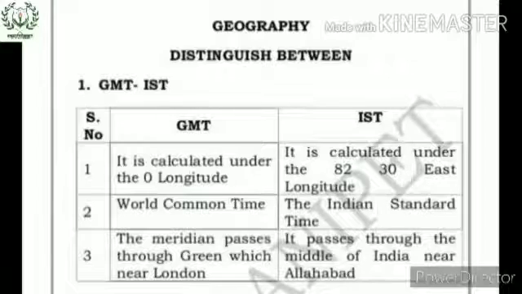IST is calculated under the 82.5, or 82 degree 30 minutes, east longitude. It passes through the middle of India near Allahabad.